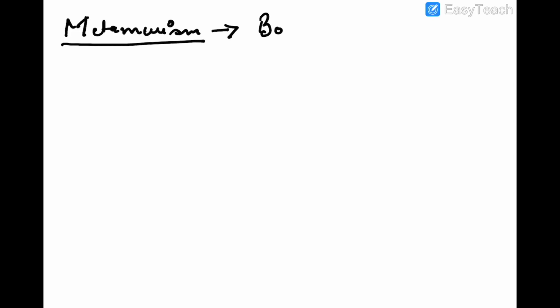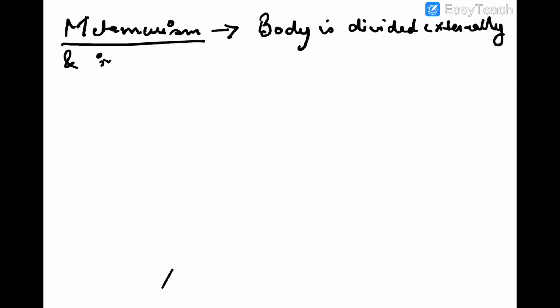Now let us look at further basis of classification. Now we should understand what is metamerism. Metamerism means the body is divided externally and internally into segments called metamers.